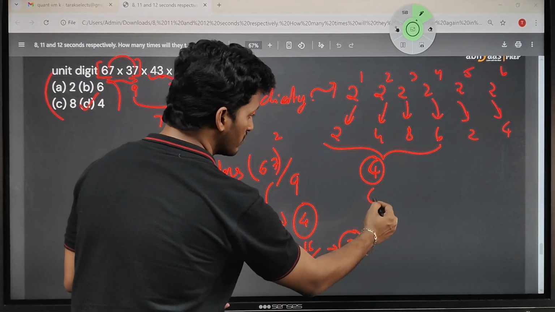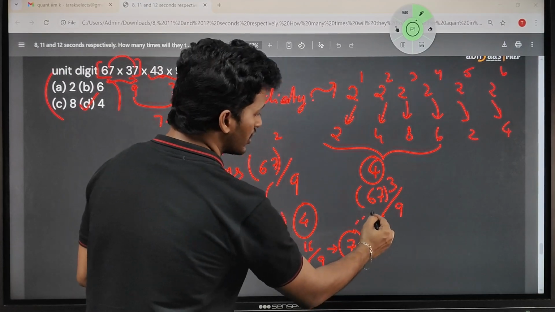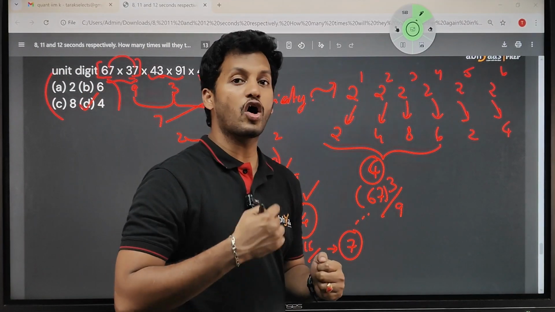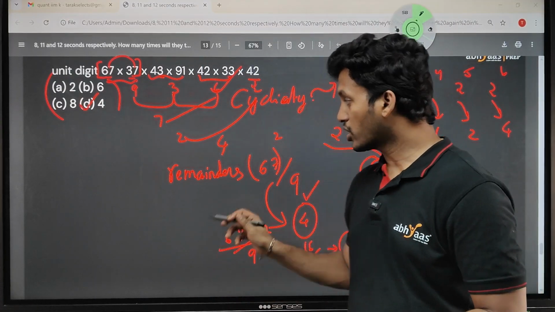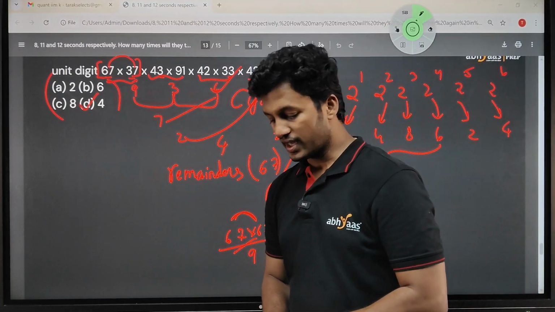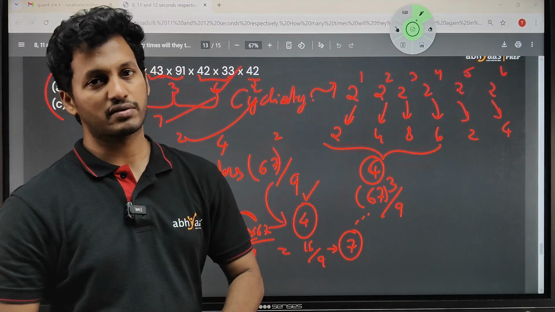And 67 cube, and so on like that. You can find where this number 4 appears again after how many exponents, and you can call that the cyclicity or periodicity of that remainder for that number. Okay, so in this way we can find the cyclicity of a particular number.